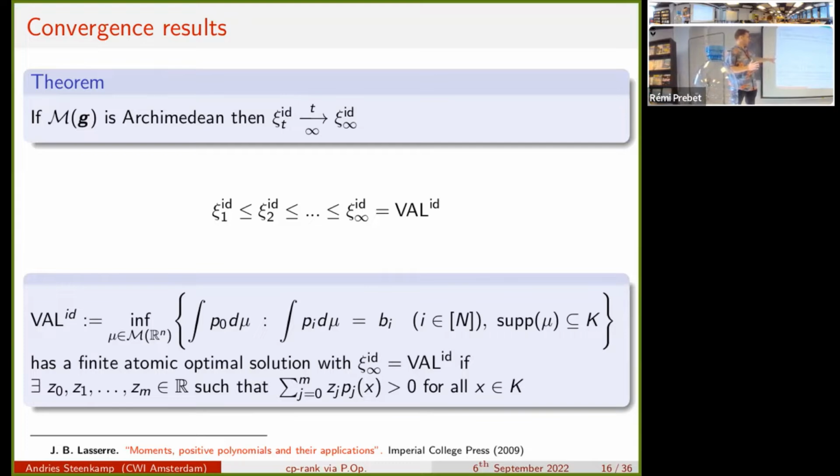Now, I only show this for the dense flavor of the hierarchies and GMP, but the same holds for the sparse, because obviously the sparse hierarchy is lower than the dense hierarchy, so convergence follows. But you can also do it just from this result directly.